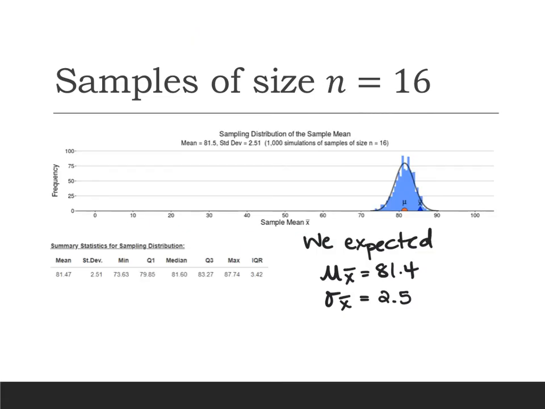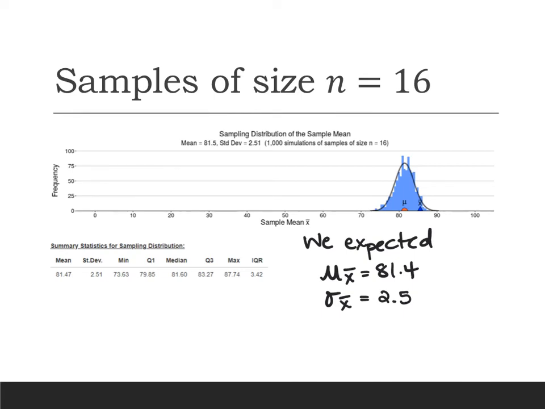And sure enough, here we go. Here's our sampling distribution. This is, again, 1,000 simulations, but now we've had samples of size 16. Notice the blue still isn't perfectly within that black line that represents our normal curve, but it's much, much closer. It's definitely starting to normalize or take on the shape of a normal distribution.